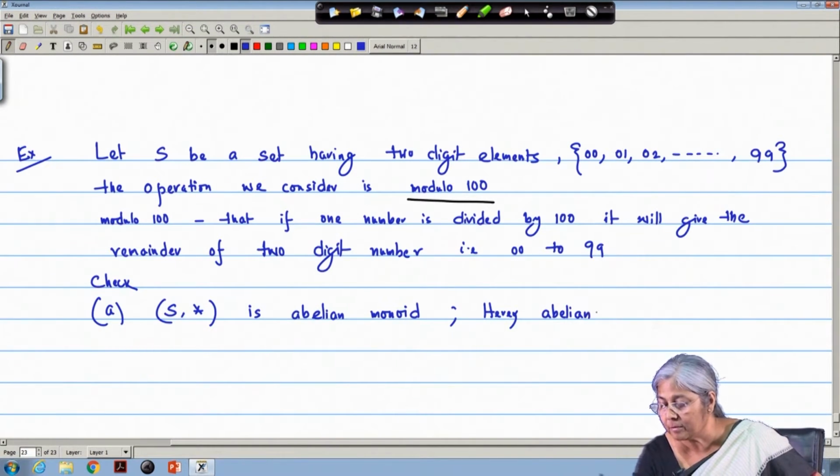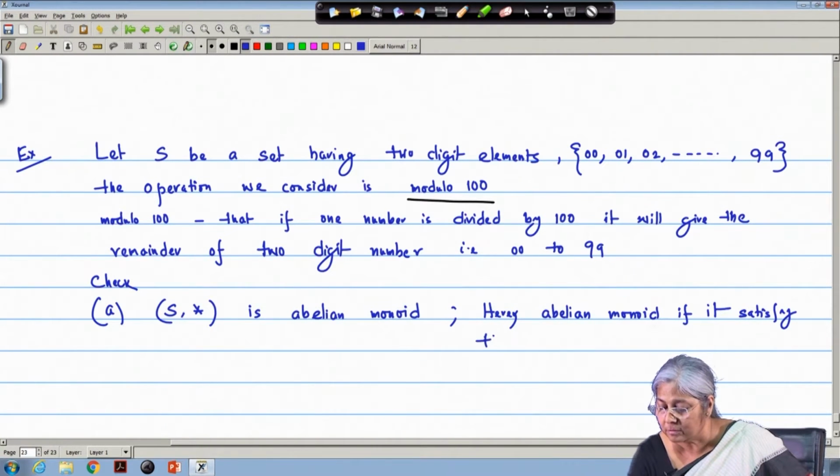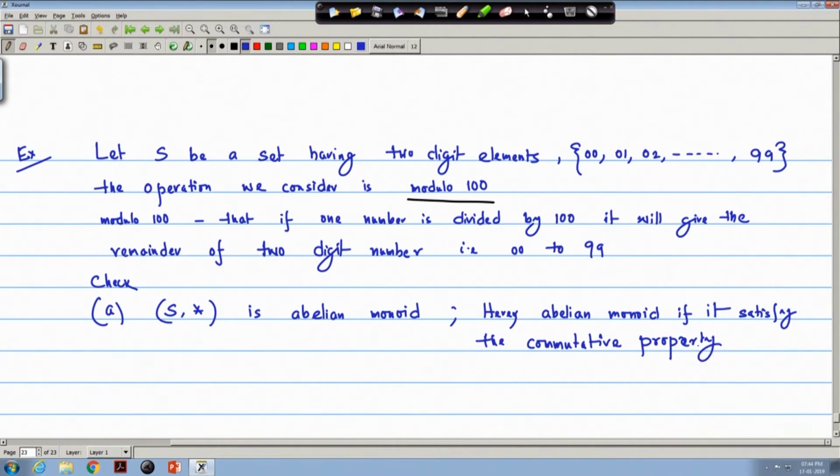Abelian means it is commutative: if it satisfies the commutative property, then it is an abelian or commutative monoid.